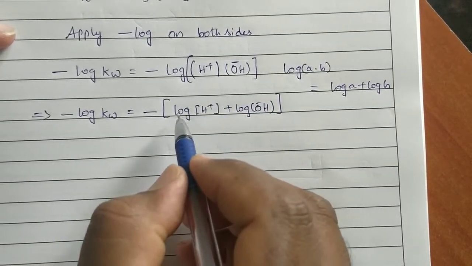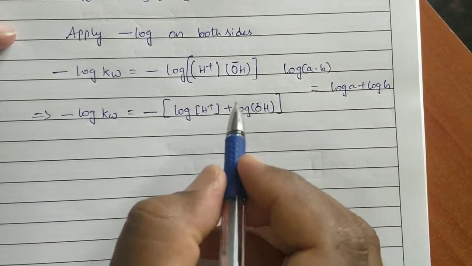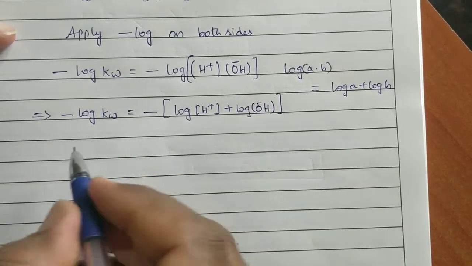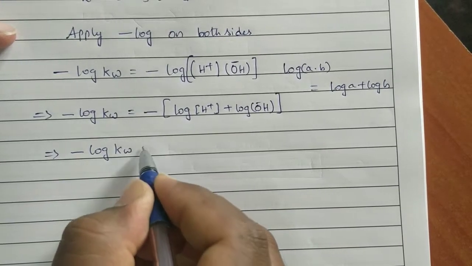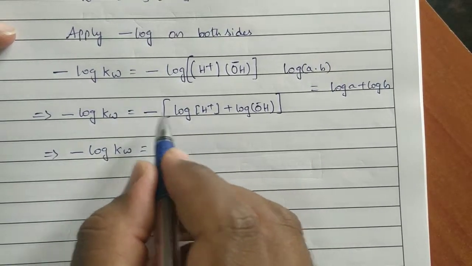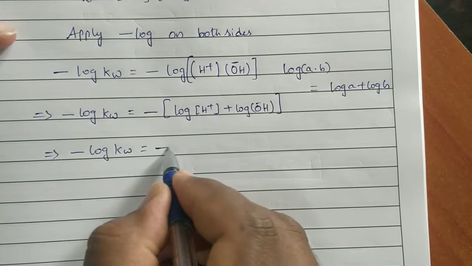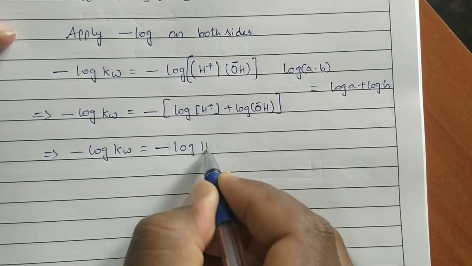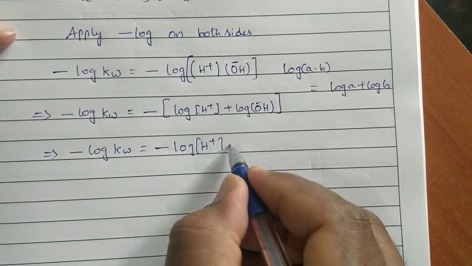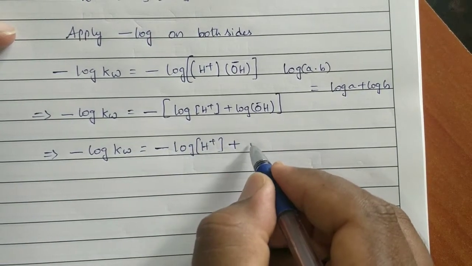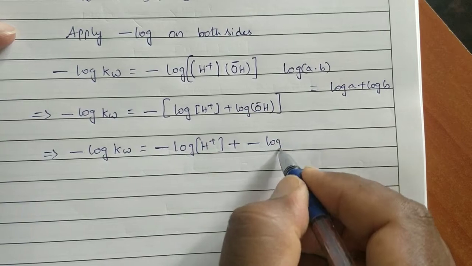Log A into B, I applied this formula. Then it will become log A plus log B. This implies minus log Kw is equal to, this minus I am multiplying inside, minus log H plus, I am keeping like that only, minus log OH minus.